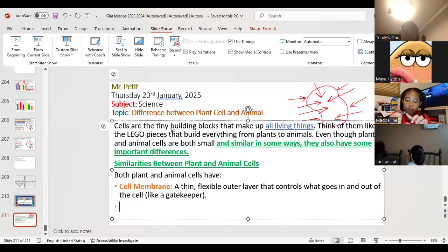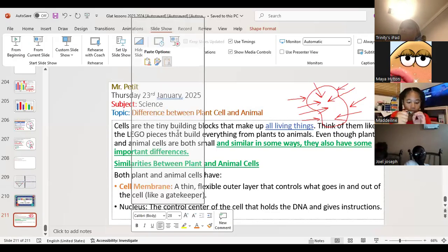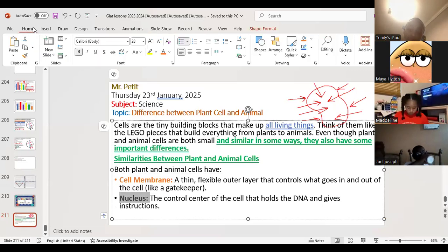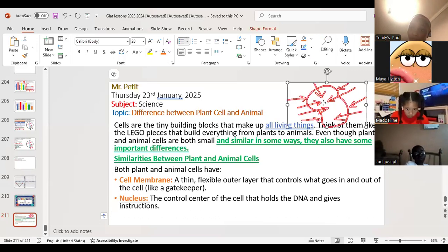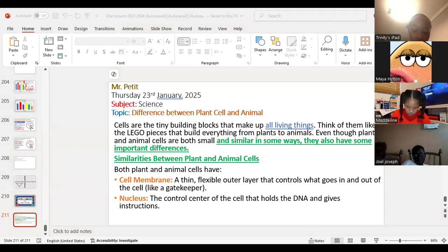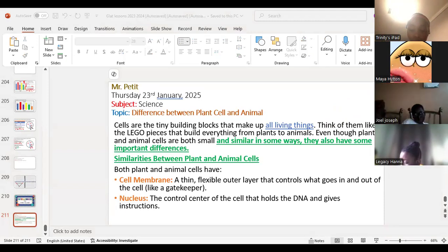Next, we have the nucleus. So both plants and animals have the cell membrane, and both plants and animals have a nucleus. The cell membrane is that outer structure that surrounds the cell, making sure that only what the cell needs goes in, and what the cell doesn't need, it doesn't keep.